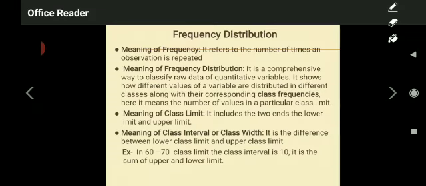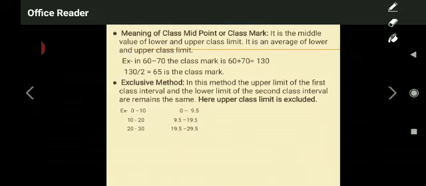Try to understand that. Here, the upper class limit of the first class interval is 10, I say. Look at this one, 10. And the lower limit of the second class interval, that is 10 again.